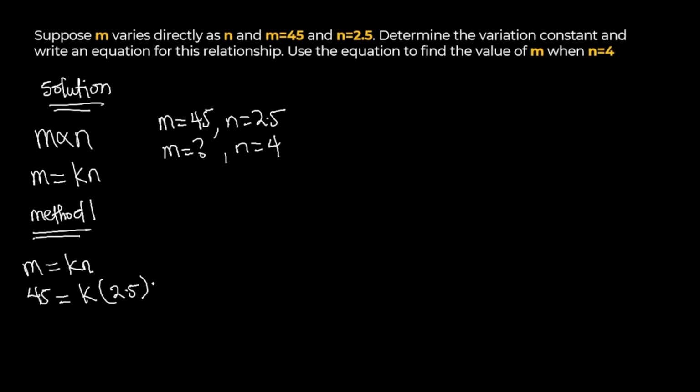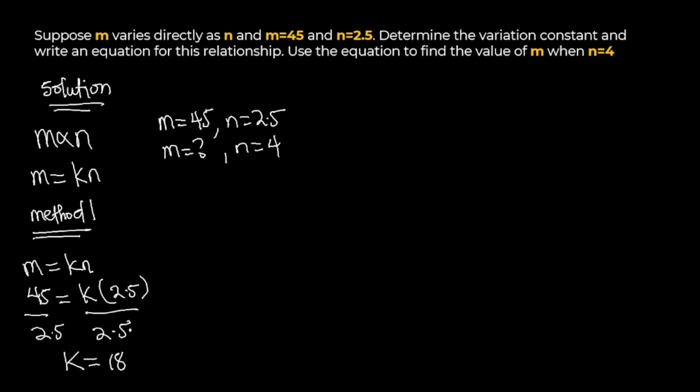So to solve for our k, we divide by 2.5 on both sides, and we get the value of our k to be equal to what? 18. So which means our constant of proportionality is equal to 18.